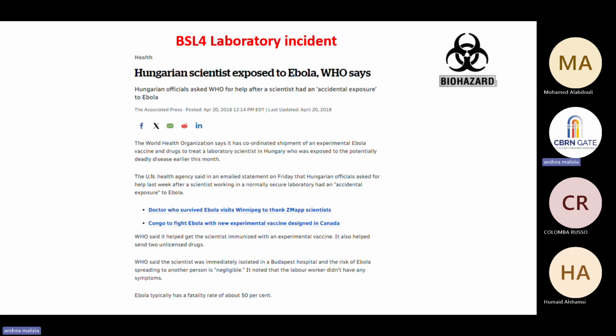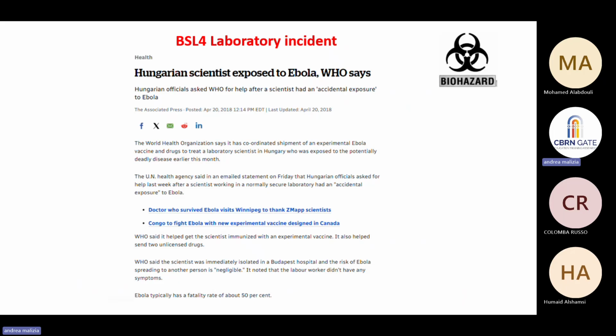In some cases, there are incidents from the past in laboratories, principally in BSL-4, but also in BSL-3. In this case, some years ago, Hungarian scientists were exposed to Ebola because in Hungary they work with animals.